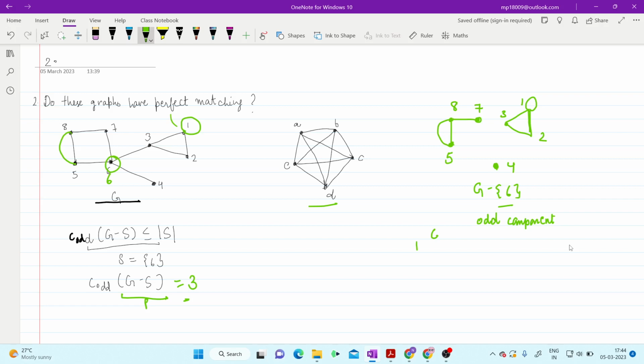Also, I think the Tutte criteria was for simple graphs. So no loops will be there in a simple graph, and no parallel edges either. But even if we don't apply the Tutte criteria, this graph won't have a perfect matching by the same argument.